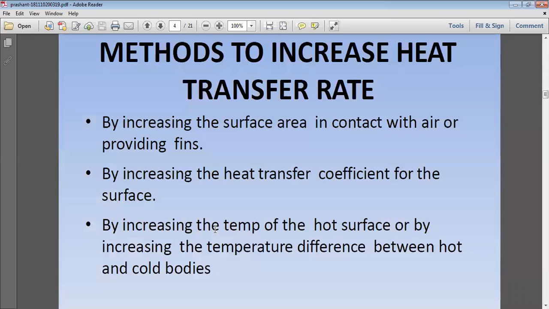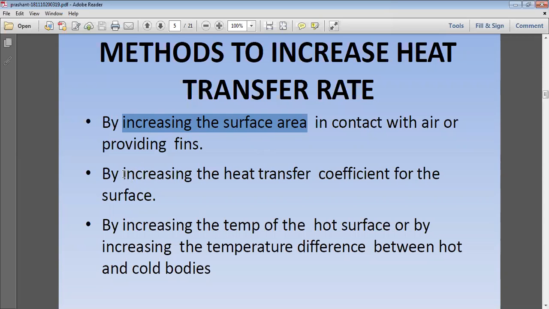Next, methods to increase the transfer of heat. What are the different methods to increase the heat transfer rate? There are three concepts. First, increasing the surface area in contact with air, or providing fins. By providing the fins, we can increase the surface area, and due to the increased surface area, we can increase the heat transfer rate.